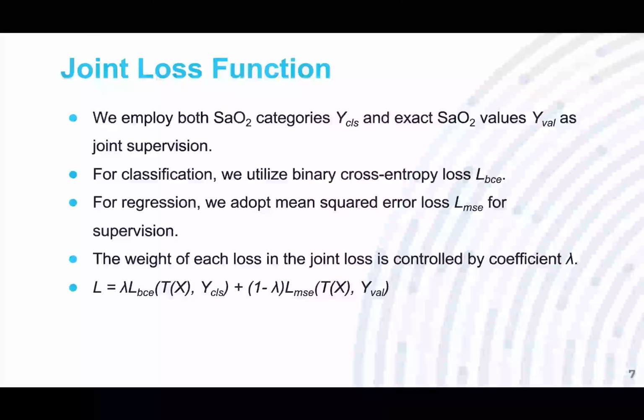For regression, we adopt mean squared error loss for supervision. The weight of each loss in the joint loss is controlled by coefficient lambda. Assuming the model is denoted as t and the input image as x, the joint loss L can be expressed as follows.